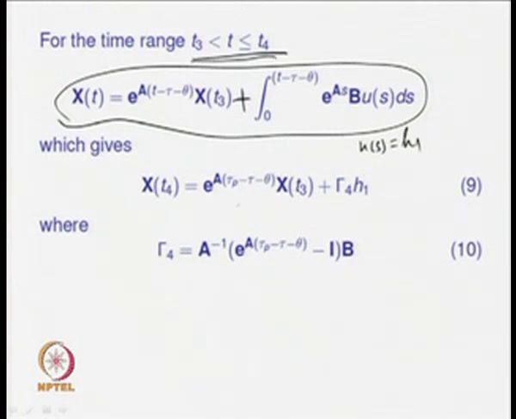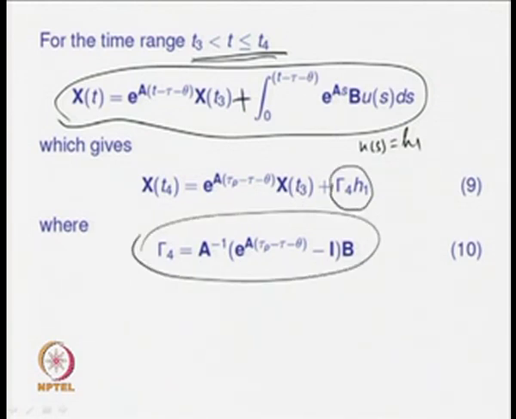Therefore, the integral can be found, which gives us the term gamma 4 h 1. So, gamma 4 becomes A inverse times (e to the power A (tau p minus tau minus theta) minus I) B.